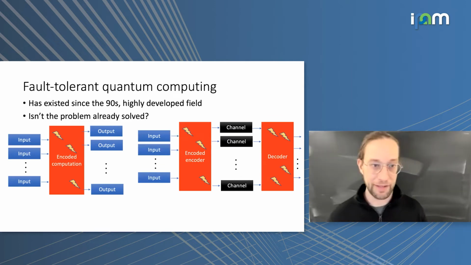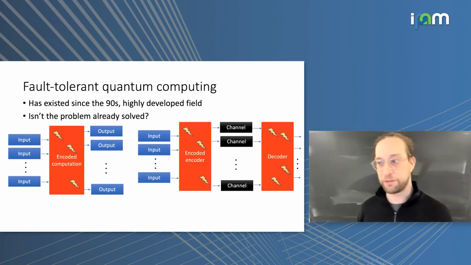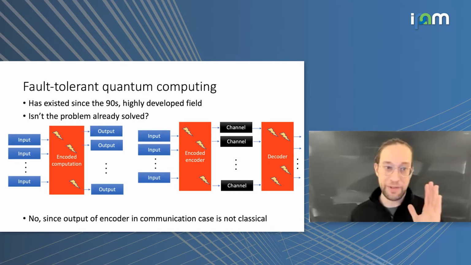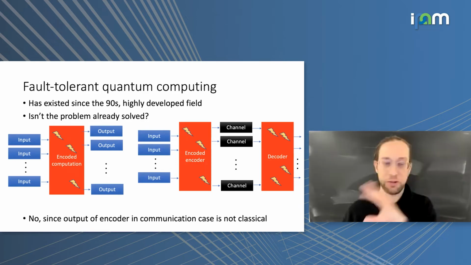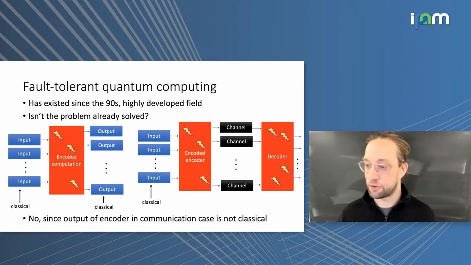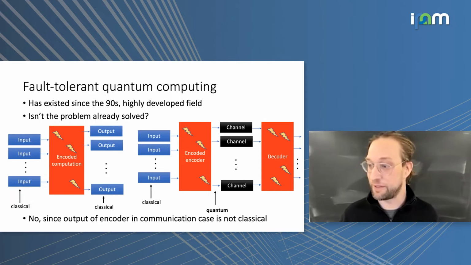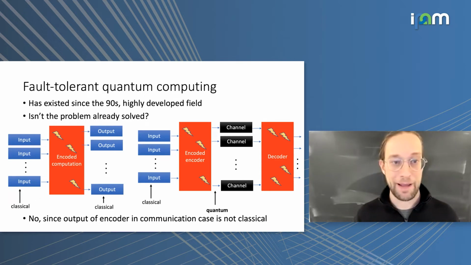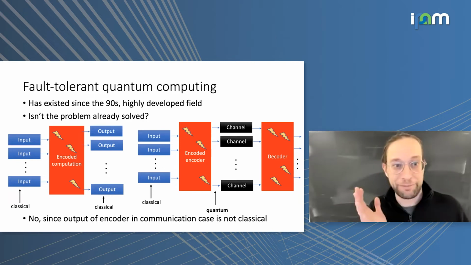Whereas here in our scenario we're actually faced with a different problem. Because the encoders and the decoders, in contrast to having classical input and output, the input here is still classical to the encoder, but it's quantum what goes into the channel.